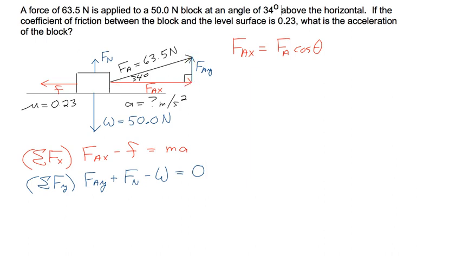If it is, then I probably picked the right one between sine and cosine. So we're going to put in here the full applied force, 63.5 newtons, times the cosine of 34 degrees. Okay, that's how we're going to get FAX.